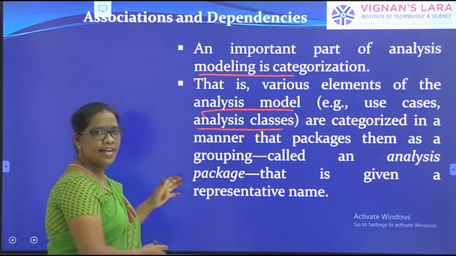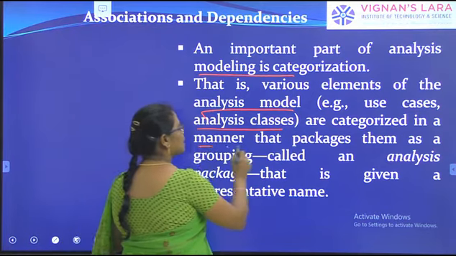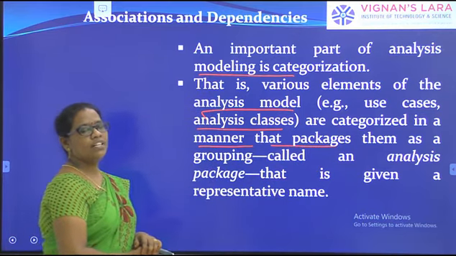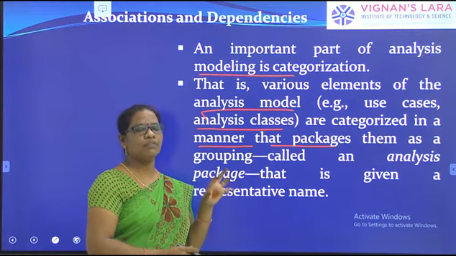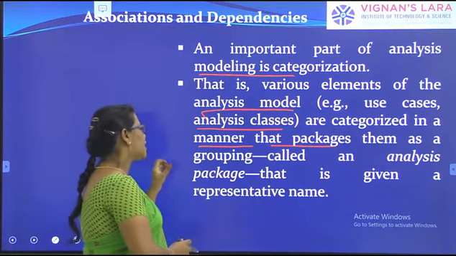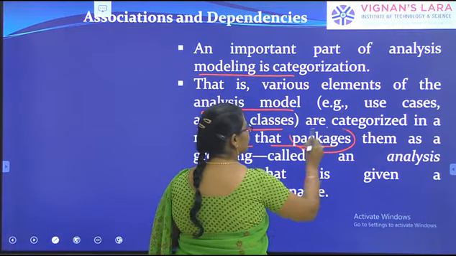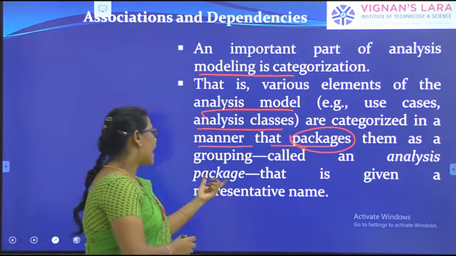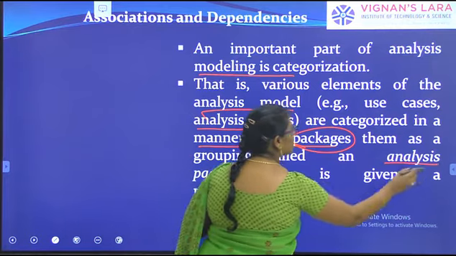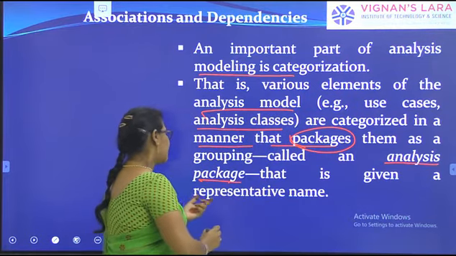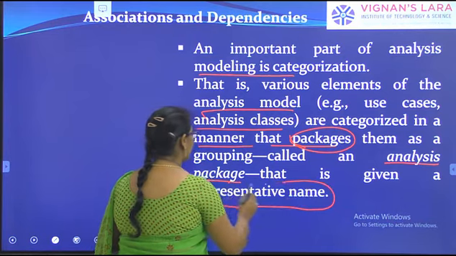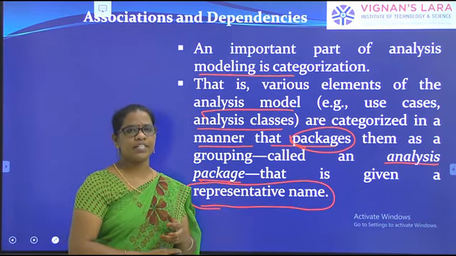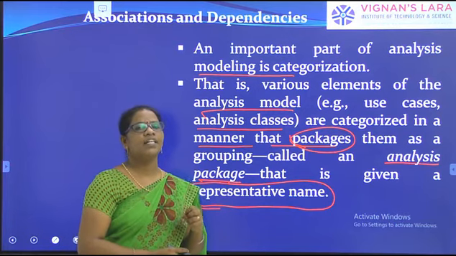Up to now we have seen that analysis classes are categorized in a manner that packages them as a grouping. Whatever classes we are representing, we can group them. That is called a package. Grouping of some classes is called a package, or we can also call it an analysis package, which is given a representative name. Whatever classes and use cases you are representing, those are combined and we can call them a package.